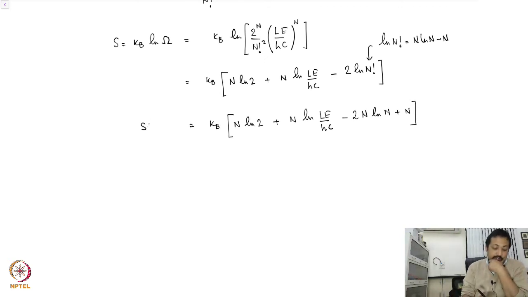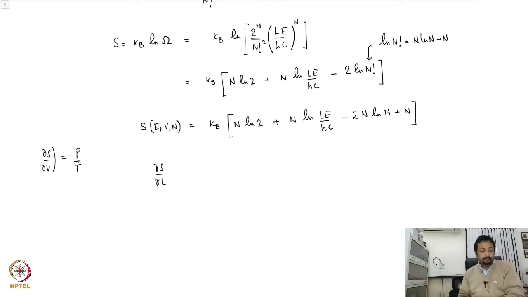So this is the fundamental relation that we have been trying to emphasize in thermodynamics. So the pressure here is now replaced by del S del L. That should be the pressure. When we did thermodynamics, we said that del S del V is equal to P over T, right?